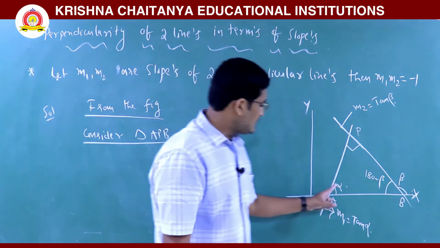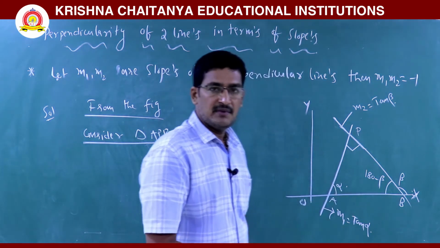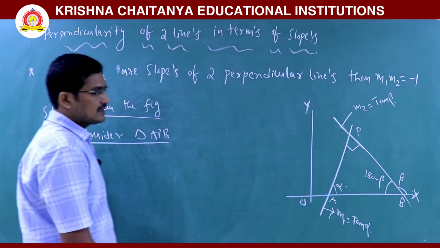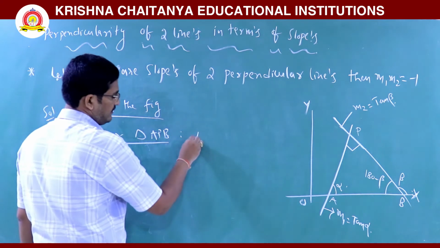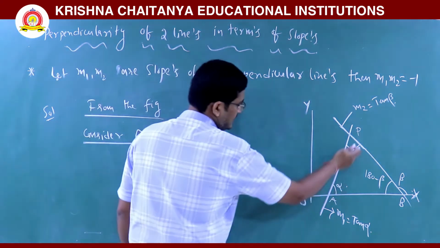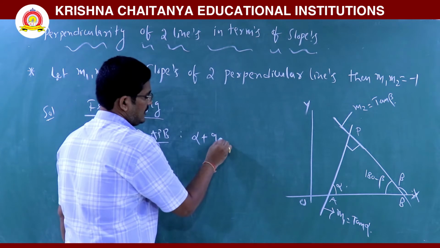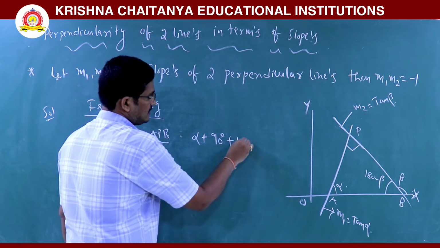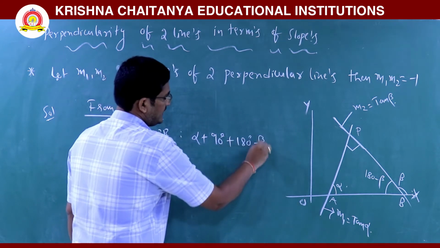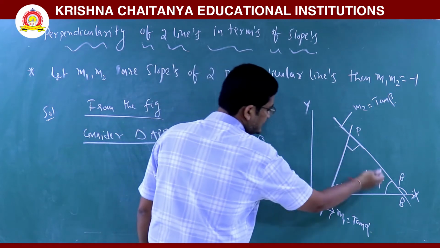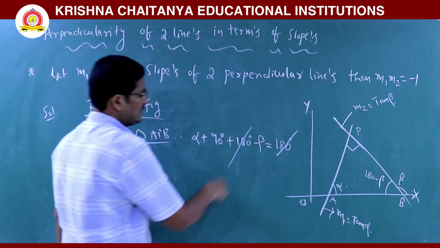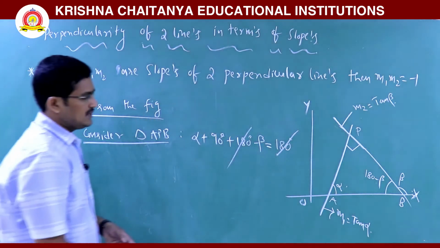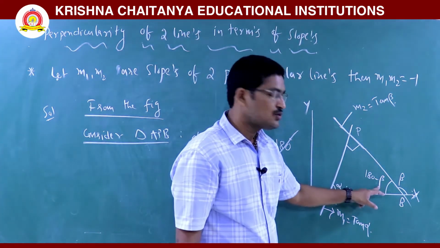What is the sum of the three inside angles in the triangle? 180. So alpha plus 90 plus 180 minus beta is equal to the sum of these three angles, which is equal to 180. So the 180 should be cancelled. The sum of these three angles should be 180.